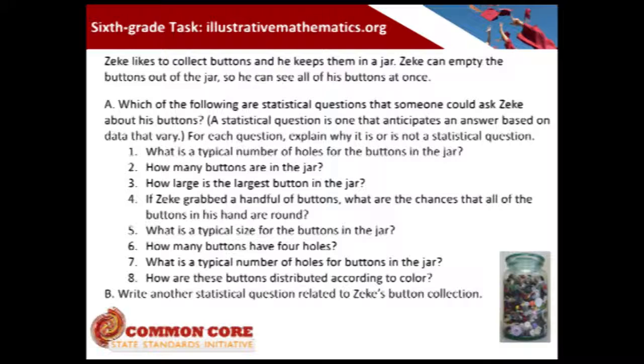The reason I picked this is that you can probably find plenty of stuff already on those more procedure-based standards. But I picked this task to help you see a way that you can assess and help develop students' understanding of that major concept, that they need to understand what it means to have a question that has variability.